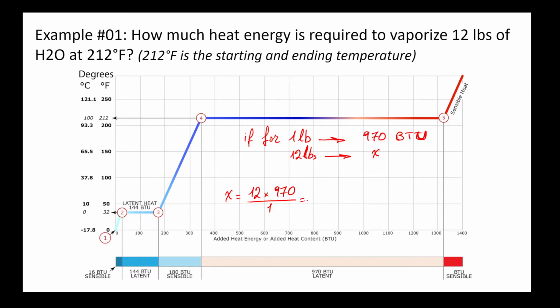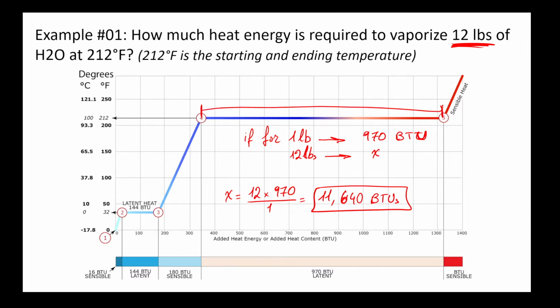And that is going to be, if you multiply it, 11,640 BTUs. That's how many BTUs you need to take 12 pounds of water from point 4 and take it all the way to point 5, which is 100% steam. So that's the answer to that question.